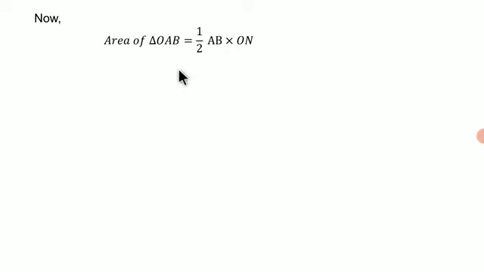Substituting the value, we get 1 upon 2 into modulus of c upon ab into square root of a square plus b square multiplied by the distance ON, which is p. We call this relation number 1. In this, we consider AB as the base and ON as the perpendicular.